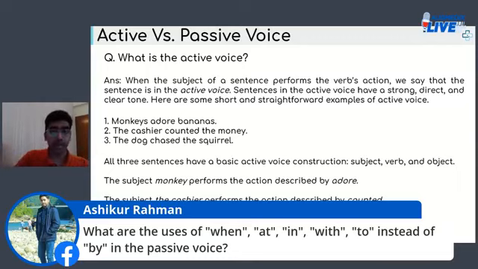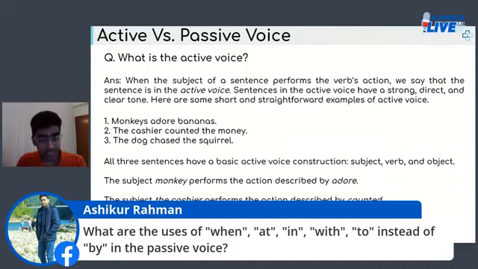Now, you cannot put at, when, with, or to in place of by in this case. Can you? You cannot. So you have to say, the squirrel was chased by the dog. The pizza was completely devoured by my friends. The pizza was eaten by my friends. Who ate the pizza? My friends did, right?